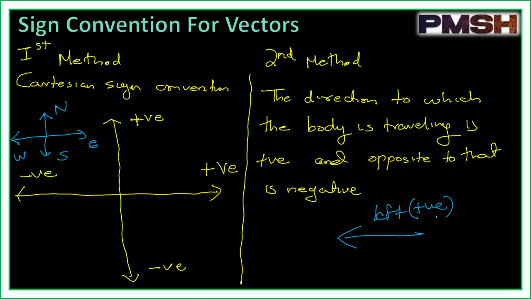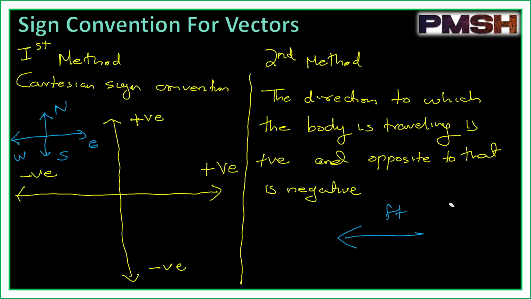So all the physical quantity to the left will be taken as positive, and every physical quantity opposite to this direction, that means to the right, will be taken as negative. That is what it is all about. So this is useful for problems involving one or two bodies. When there are more than two bodies, you go for the generalized method, Cartesian sign convention.